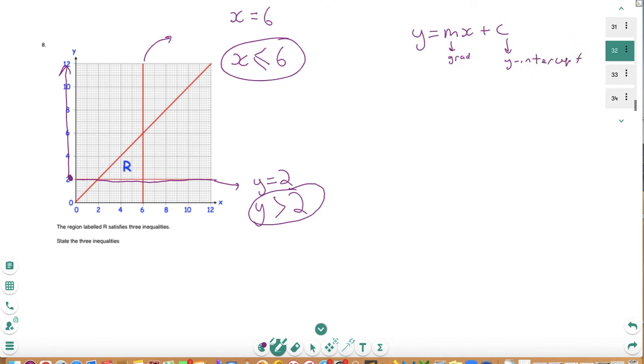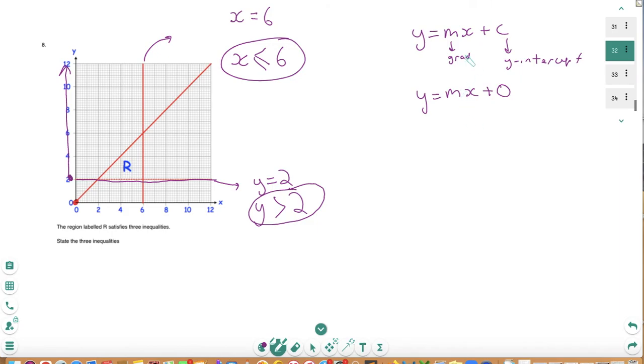So first things first, the y-intercept is really easy. We're just going to look where this line hits the y-axis. Well, this line hits the y-axis at 0. It hits it right here. So we know the c value is just going to be plus 0, okay? All right, y equals mx plus 0 because the y-intercept is 0.